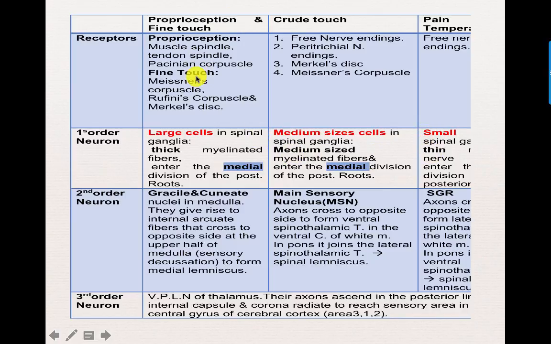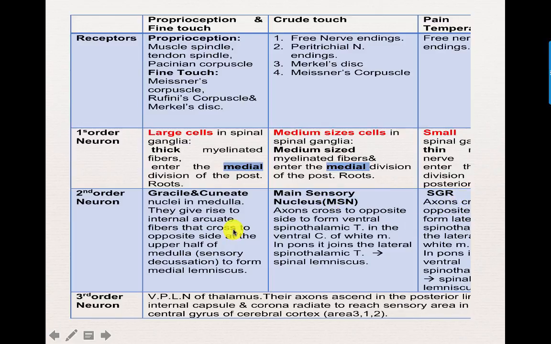The proprioception and fine touch and the crude touch pass through the medial division of the posterior root, while the pain and temperature pass through the lateral division. Gracile and cuneate are the second order neuron in proprioception and fine touch. Of course, they are present on the same side. The nucleus is on the same side. The same on the same side here, but the main sensory nucleus, remember the letter M. And here we have the substantia gelatinosa.